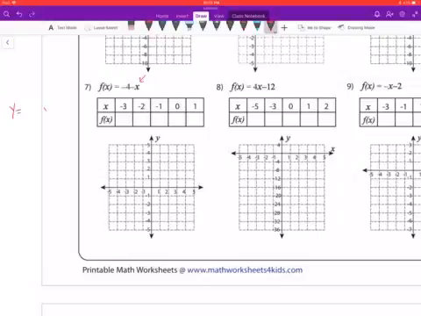Y equals -4 minus, and then aren't we substituting for x, right? So then what's our x? -3. So what goes in here? -3. Be careful. Y equals, it's just -4. You can't do anything to it yet. What's a negative times a negative?